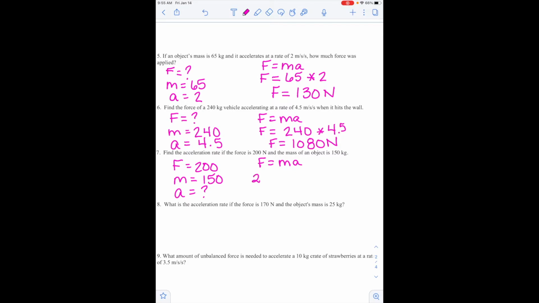F is 200 equals 150 times A. Divide both sides by 150. Again, I'm going to use a calculator because that's a little too much for me. We have 200 divided by 150, and we get 1.3 meters per second squared.